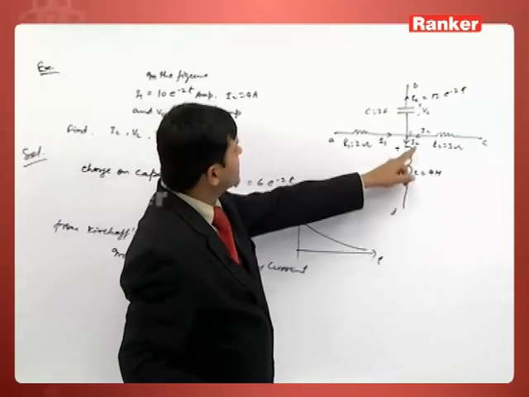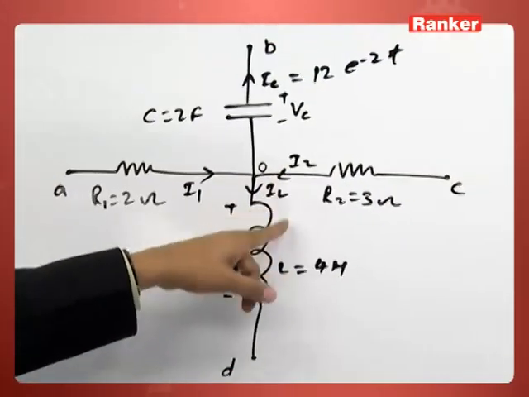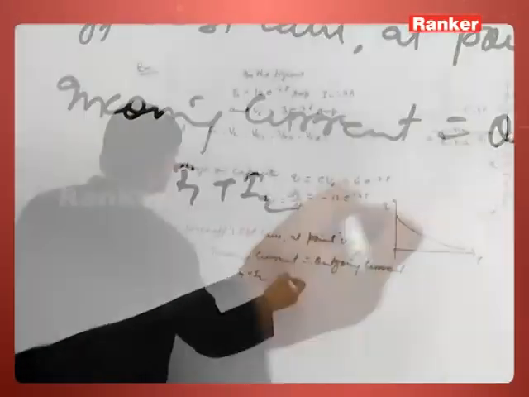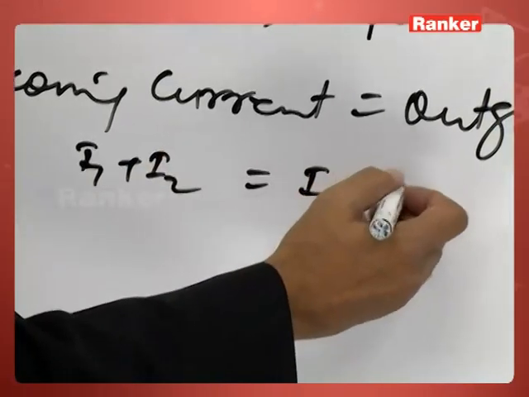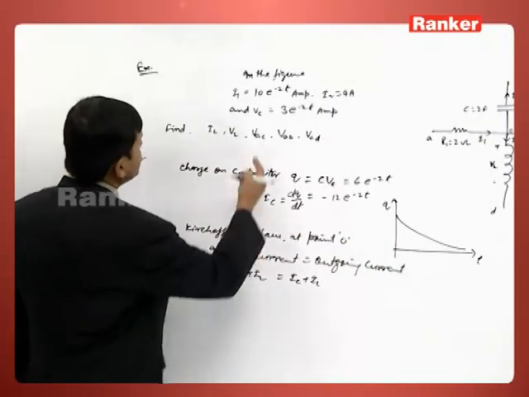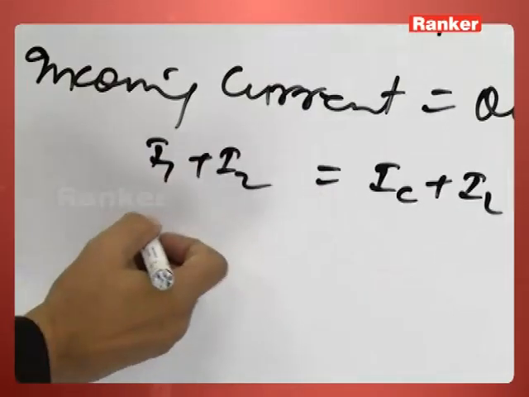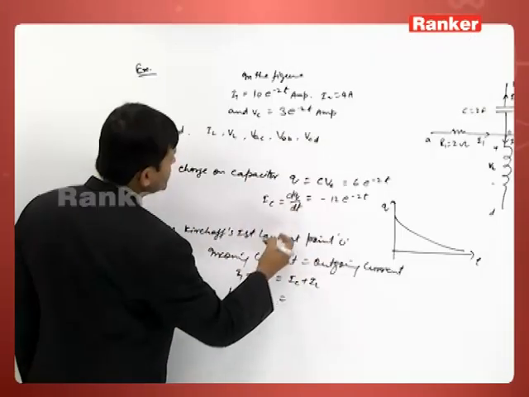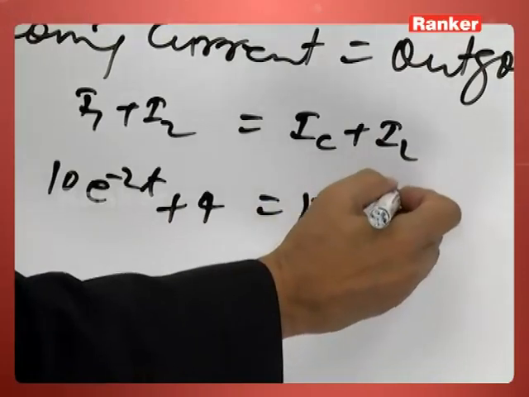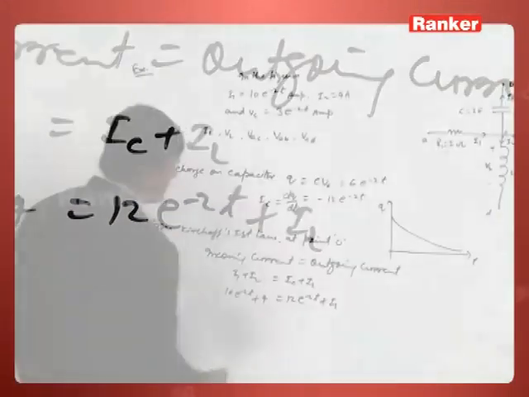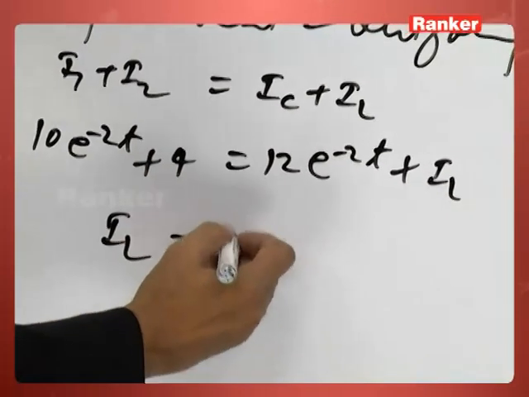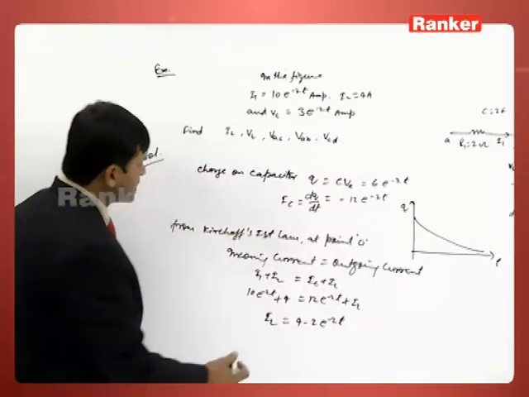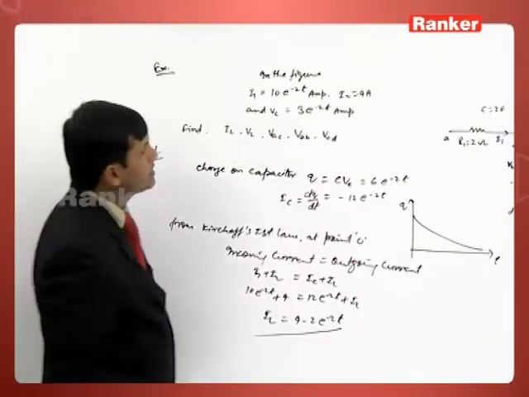At junction O, the incoming currents are I1 and I2, and the outgoing currents are IL and IC. So I1 plus I2 is equal to IC plus IL. I1 plus I2 is 10 e to the power minus 2t plus 4. IC we have already found, 12 e to the power minus 2t, plus IL. So IL will be 4 minus 2 e to the power minus 2t. This is the variation of current in this circuit.